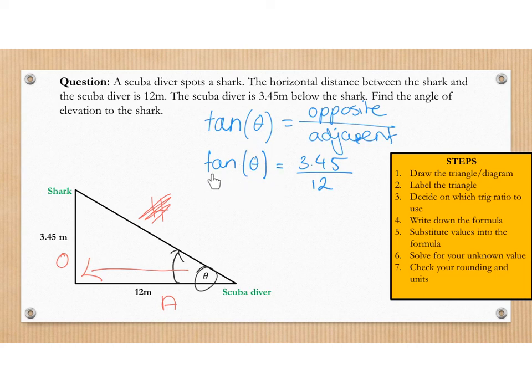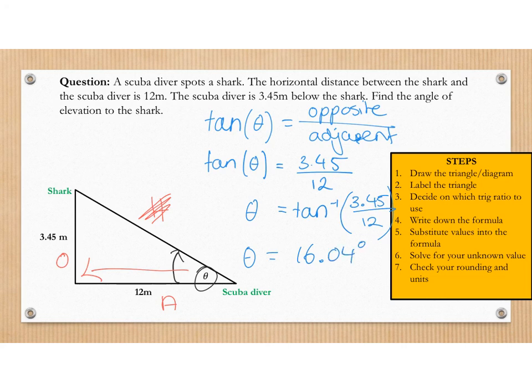And so we want to get rid of this tan from the front of theta, so we're left with theta by itself. And the way I do that is I take inverse tan, tan to the -1. And then I pop that into my calculator.